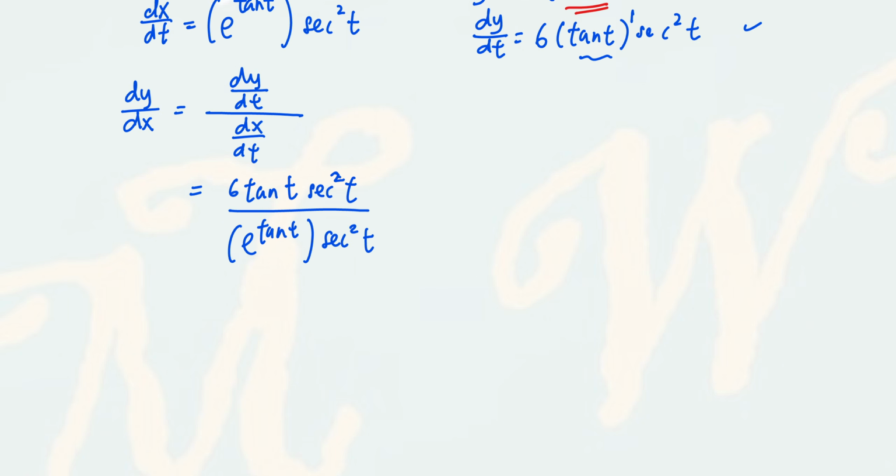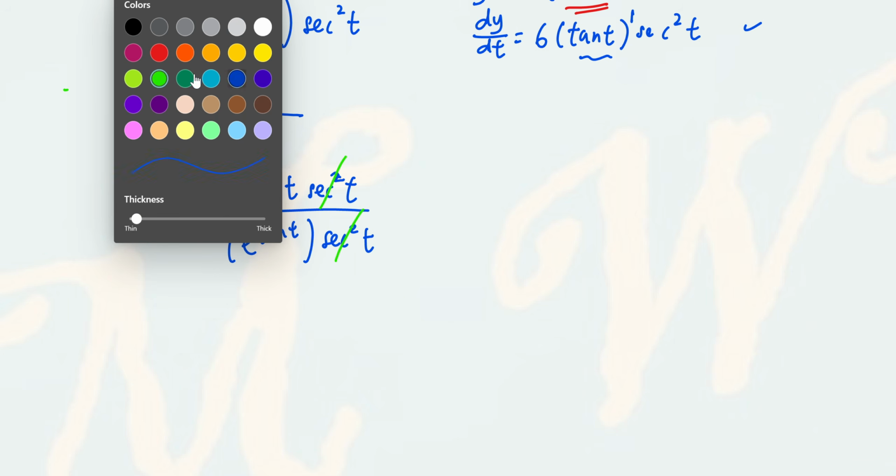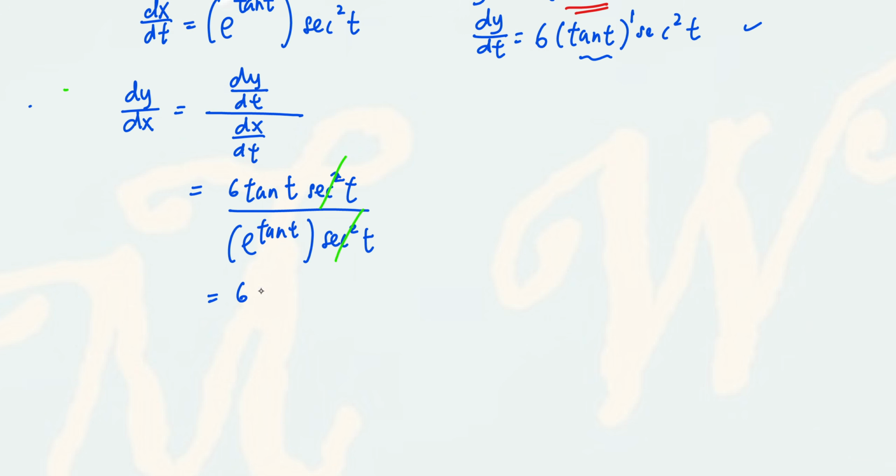Then the secant squared t can be cancelled off, and you are getting 6 tangent t over e to the power tangent t. That is our dy dx.